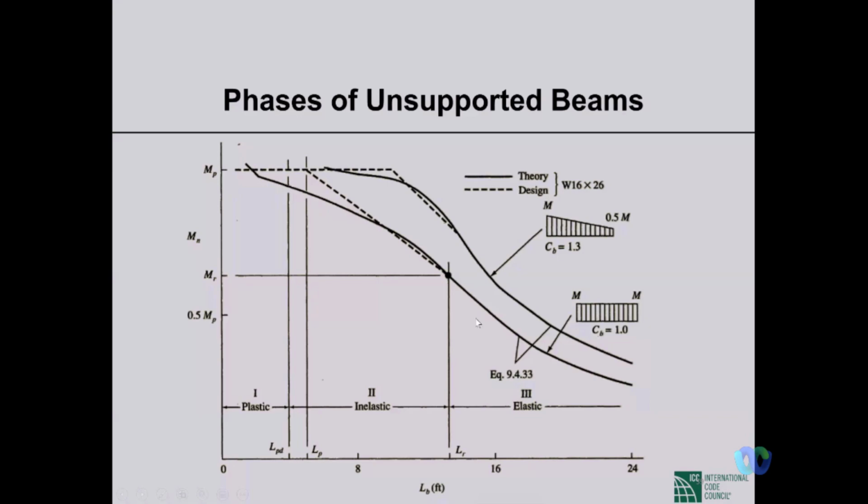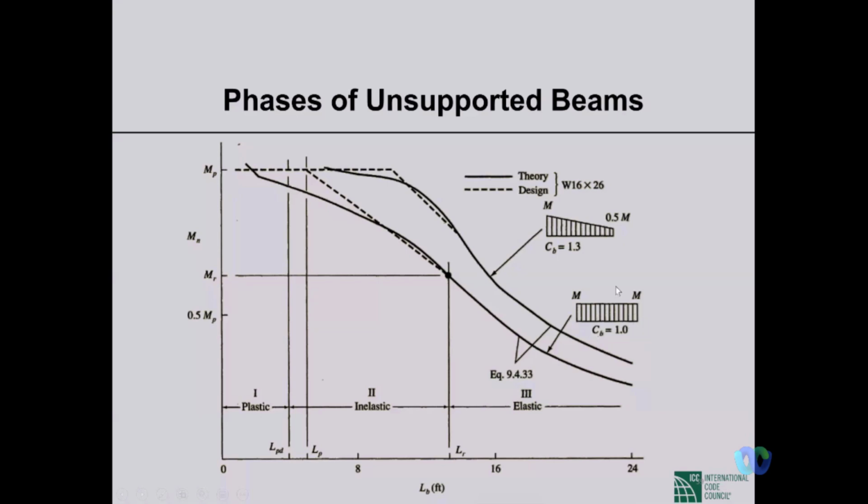And now the line shown at the bottom, that is the basic formula, but that formula is derived for cases like when the moments are equal on both sides of a member.